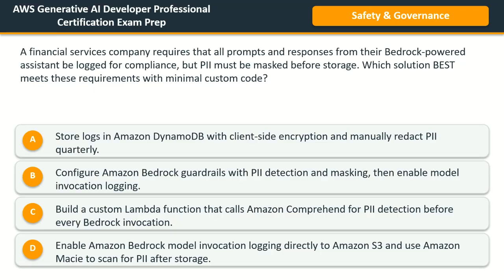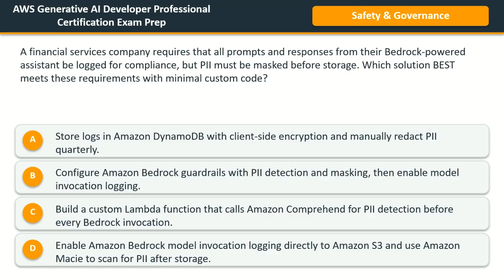D detects PII after it's stored, which is too late for compliance. The exam strongly prefers built-in Bedrock security features over DIY pipelines. For PII protection on Bedrock, if it must be masked before logging, use guardrails, not custom code. The correct answer is B.